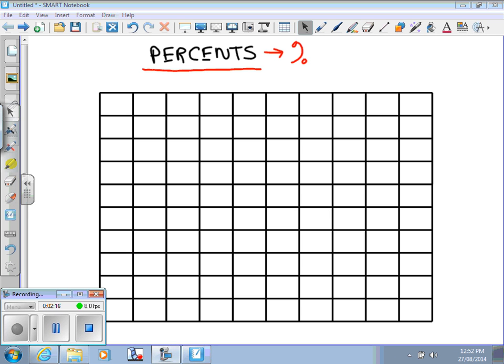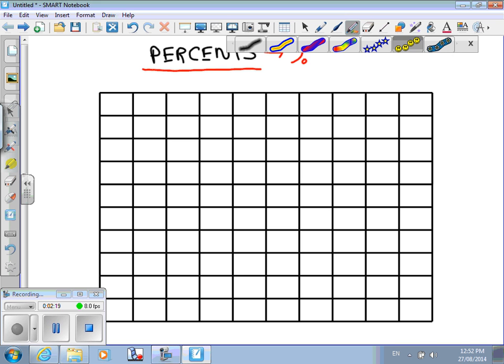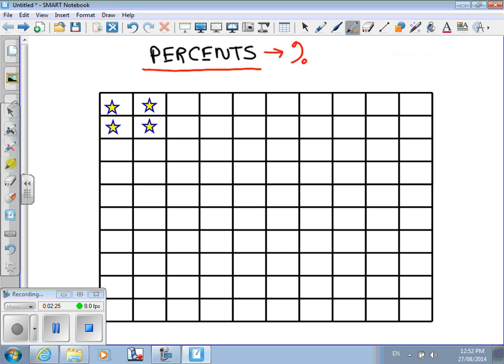I'm going to do one more and give you a chance to try to come up with what percentage we're representing. I have filled in a certain number of the boxes with some stars.